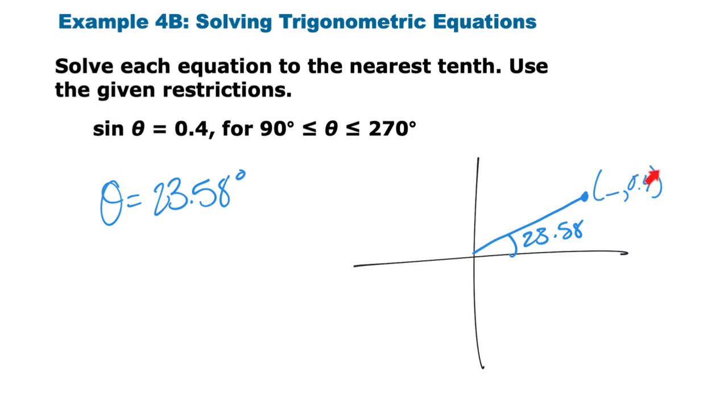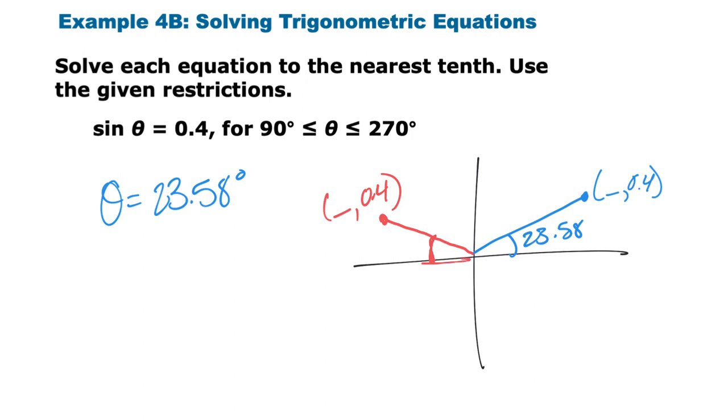I know that sine is my y value, and I need to find another angle that has that same sine value. So I'm going to look over in this direction, because over here, again, we don't know cosine, but that doesn't matter. Our y value, that sine, is still going to be positive because we're above the x-axis. And so I need to know this angle right here.